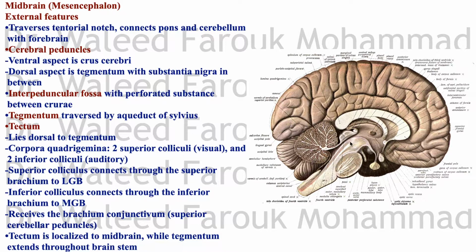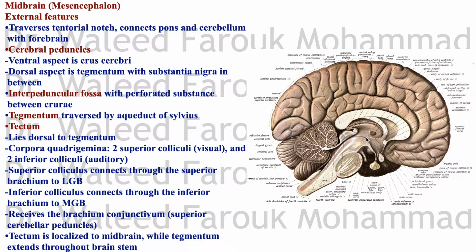The dorsal aspect is the tegmentum, with substantia nigra in between the tegmentum and the crus cerebri, as we will see in cut sections of the midbrain. The interpeduncular fossa contains the anterior perforated substance for the passage of arterial supply of the internal structure of the brain.